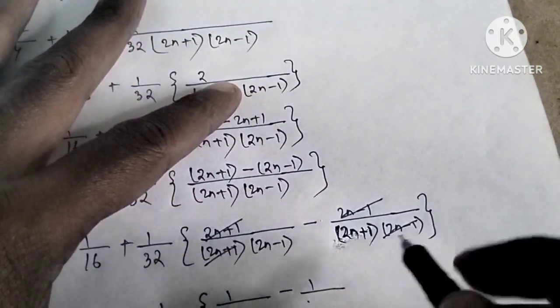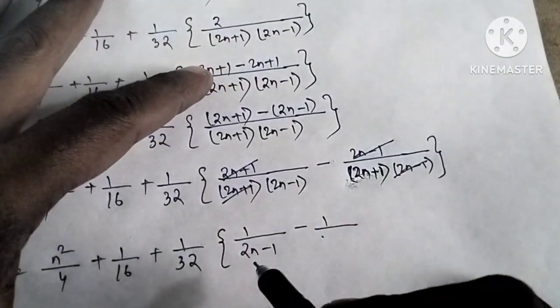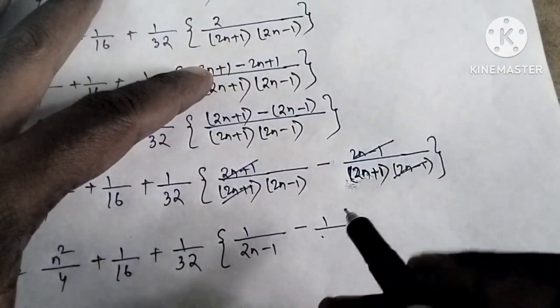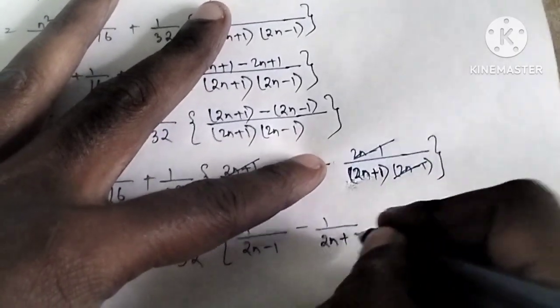Okay, so 2n plus 1, 2n minus 1 will cancel each other, so it will be 1 by 2n minus 1 minus 1 by 2n plus 1.